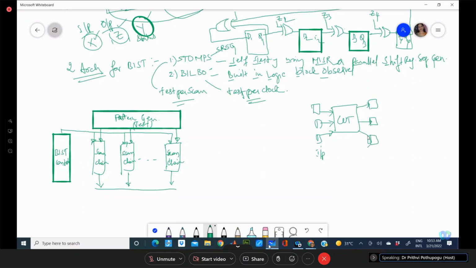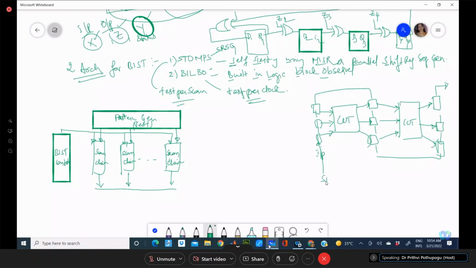One set of the registers, same for the second circuit, this set of registers becomes the input provider, and the next set of flip-flops becomes the output catcher. This is the way we were seeing. This is through your scan chain.